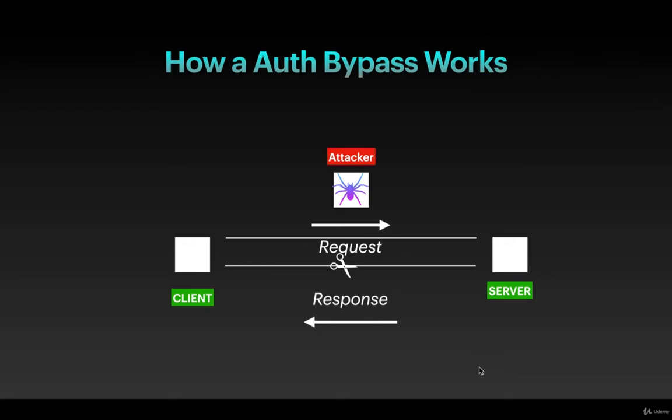And when the client, or let's say an attacker, is able to modify the response, then there becomes authentication bypass, if the application is just checking the client side code instead of checking the server side code.